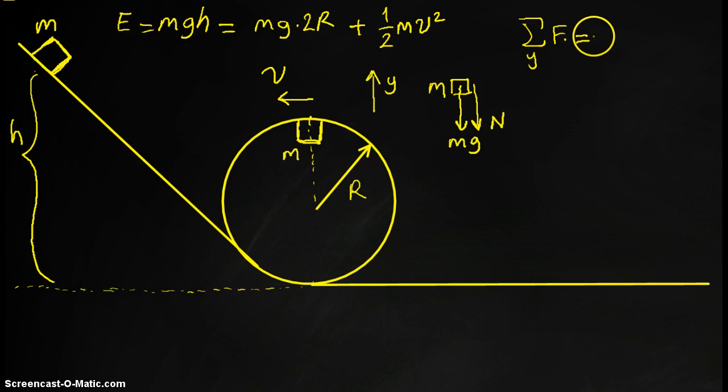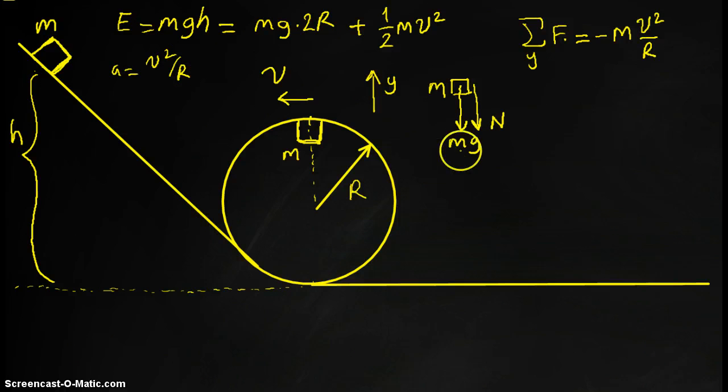So it has minus mv squared divided by r. And remember, for a circular motion, the radial acceleration and the tangential speed are related by a equal to v squared divided by r.